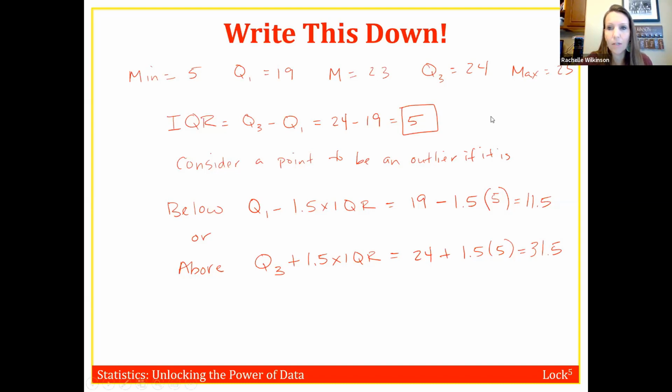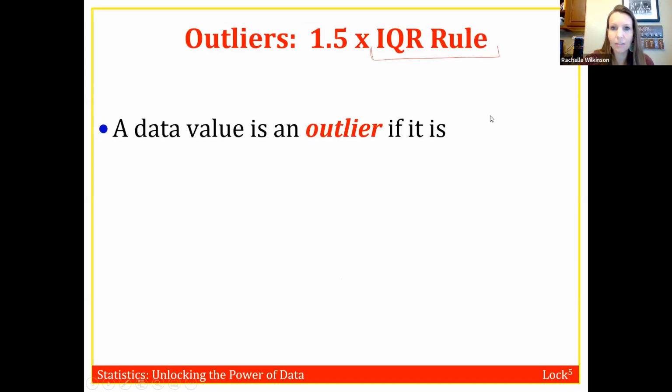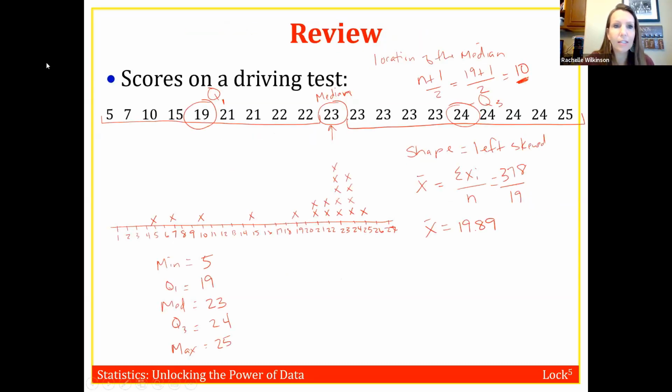Okay, so I'm going to flip back up to where I had the actual data set, and we're going to look at these numbers here. How do we have any low outliers? Do we have any values that were less than 11.5? So these are my actual data values here. Are there any that are less than 11.5?